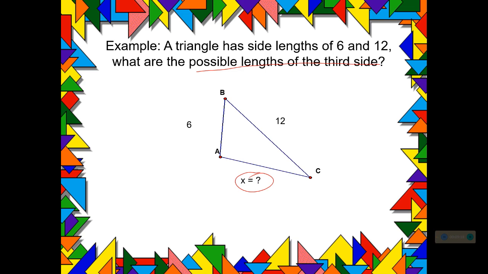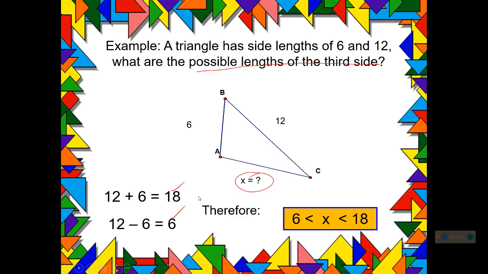That's good. You are going to add first, so you will have 12 plus 6 is 18, and then 12 minus 6 is 6. You are going to express that in the form of a range, and it should be written as x is greater than 6 but less than 18.